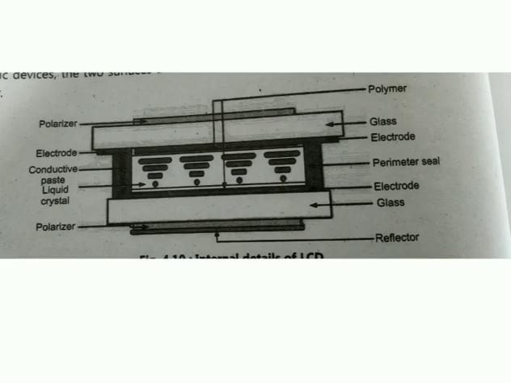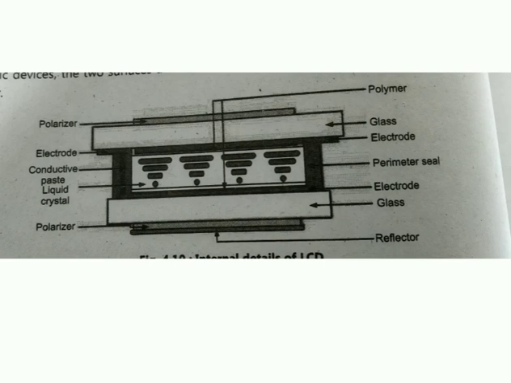This is the diagram of the internal details of the LCD. As we have seen now, it consists of a polymer, electrodes, polarizers, glass, perimeter seal and reflector. All these terms we have seen now. Then the liquid crystal molecules will rotate in the direction of the electric field.